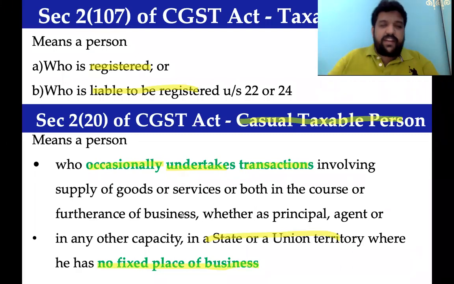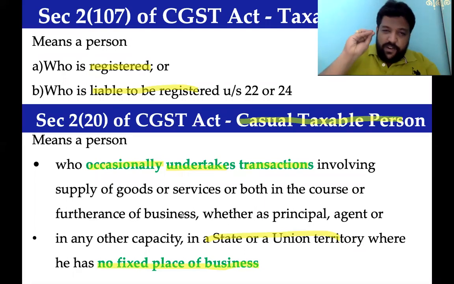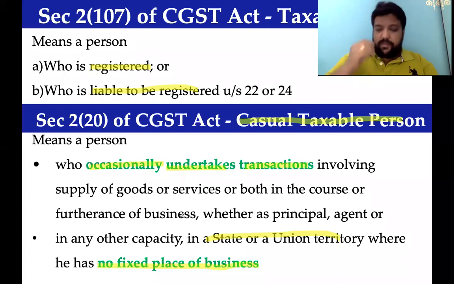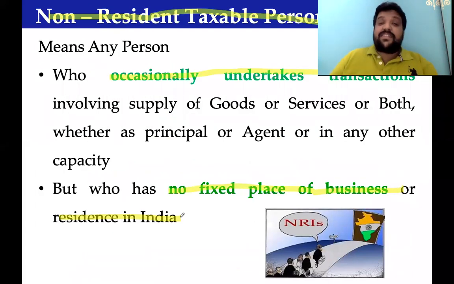Because they occasionally undertake transactions, because they are going to do business only for those 10 days, they would be treated as casual taxable persons. If Omasatayo Abayo from Tanzania comes down to Chennai and engages in a business activity, then, a South African or Tanzanian guy coming to India and engaging in a business activity, he would be treated as a non-resident taxable person.